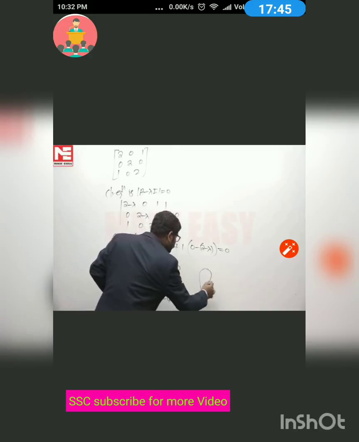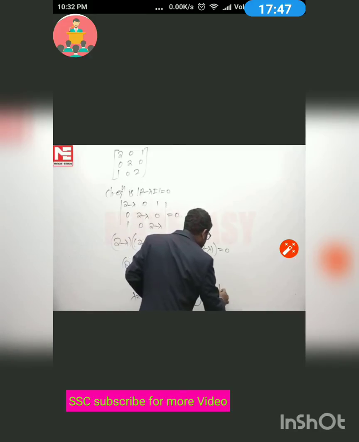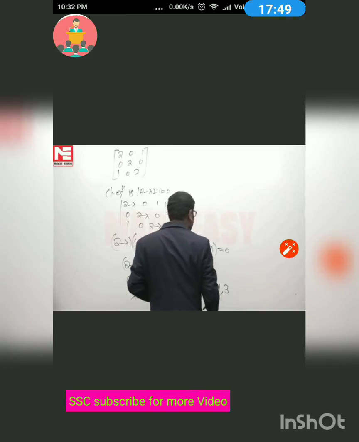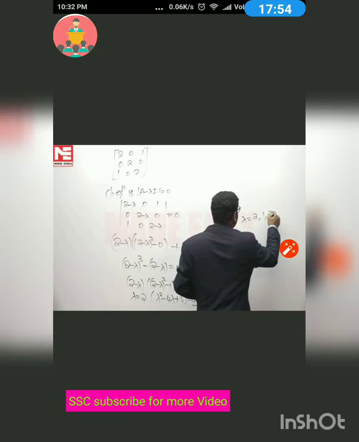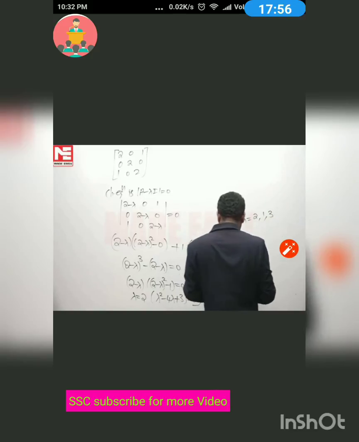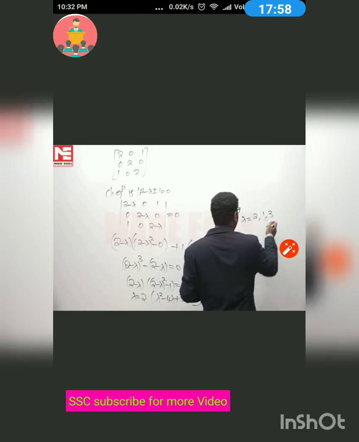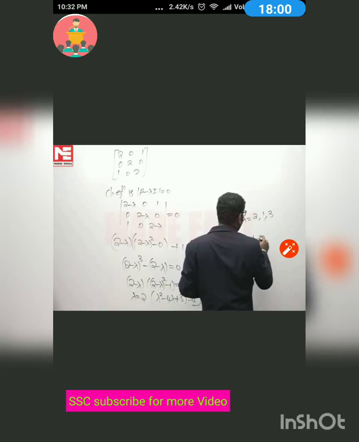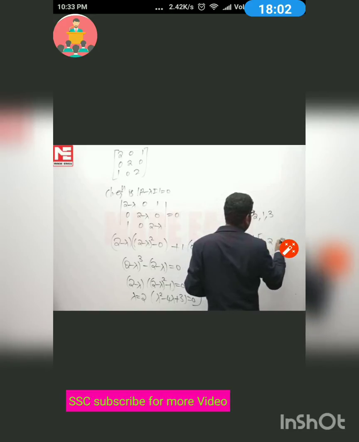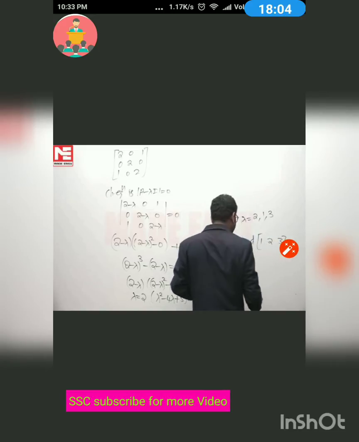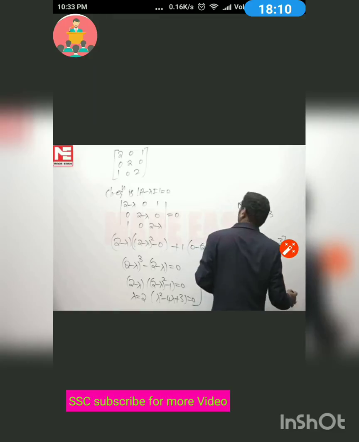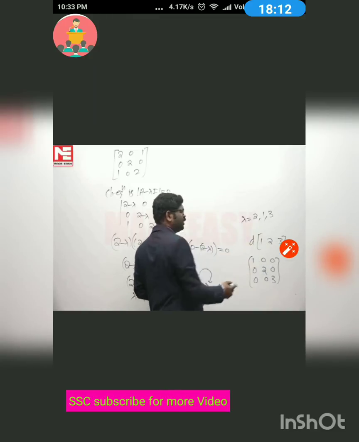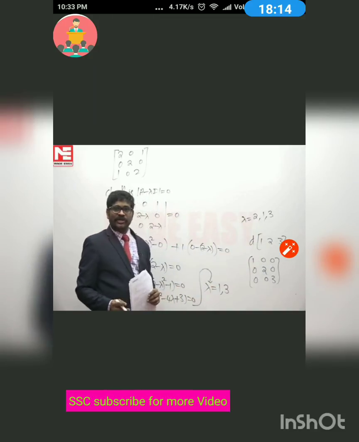By this lambda equal to 1, 3. Therefore lambda equal to 2, 1, 3. Therefore the diagonal matrix is 2 1 3 or 1 2 3. The diagonal matrix D is 1 2 3. After diagonalization of this matrix, you will get the diagonal matrix 1 2 3.